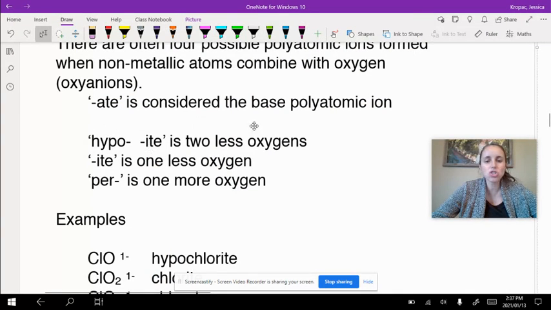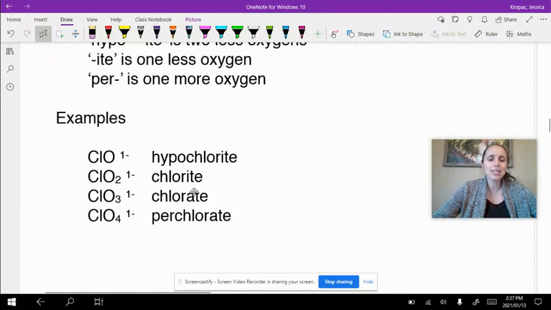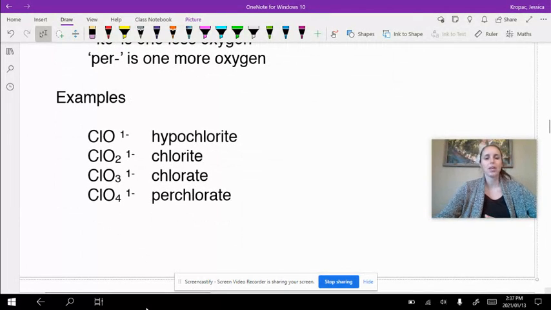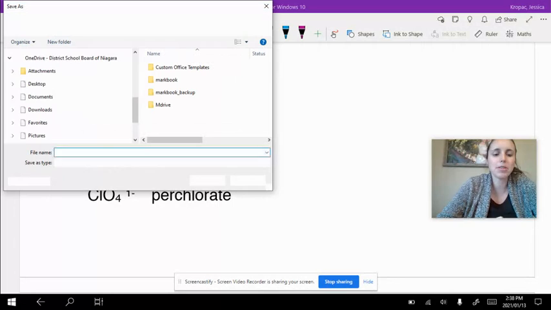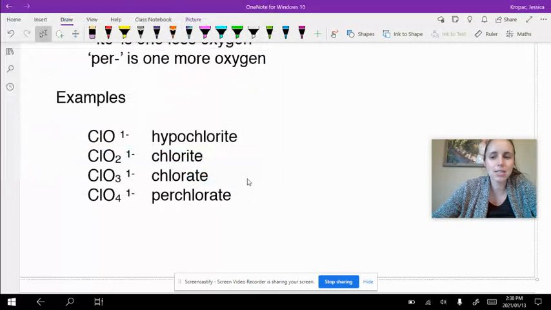We have two other examples of that. Hypo- is two less oxygens than your base, and per- is one more oxygen. We've got a nice example here that helps to illustrate that. Chlorate would be considered the base. If we look up chlorate on the polyatomic chart, I'll just point to it, chlorate is ClO3.